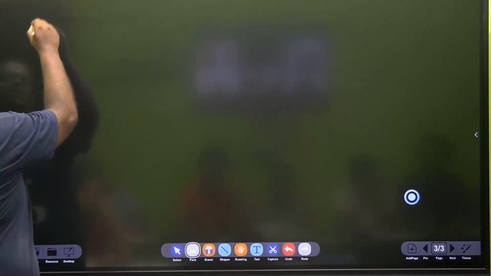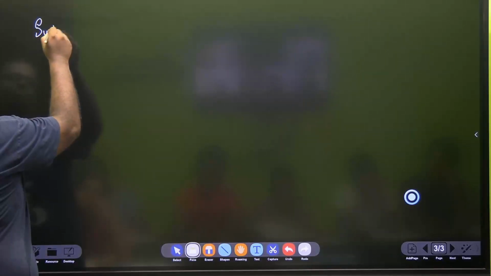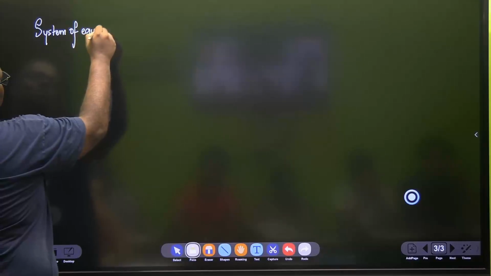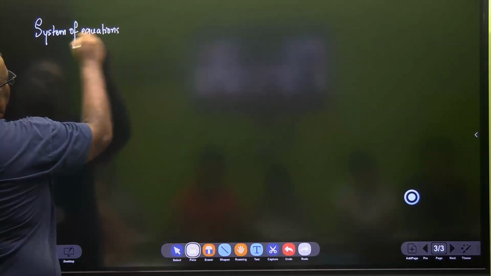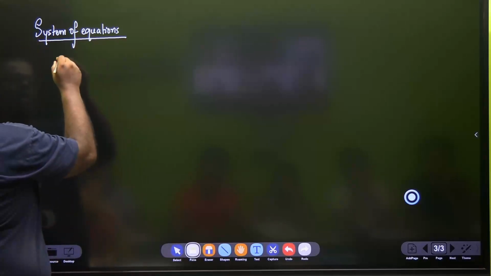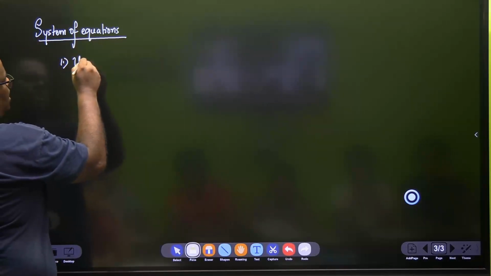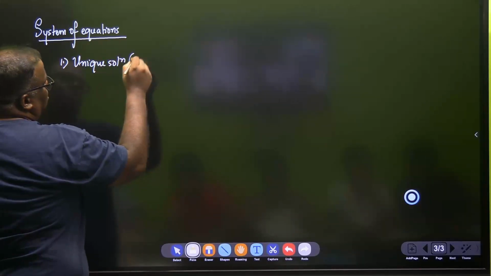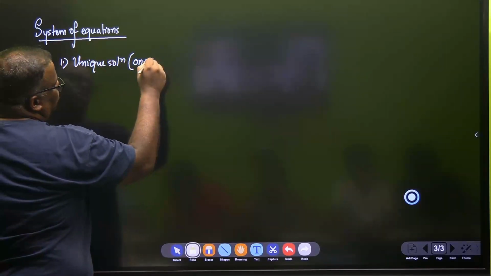Okay. Though I say that my system of equations, the possibilities that are there are, number one, unique solution. Unique solution also means one solution.